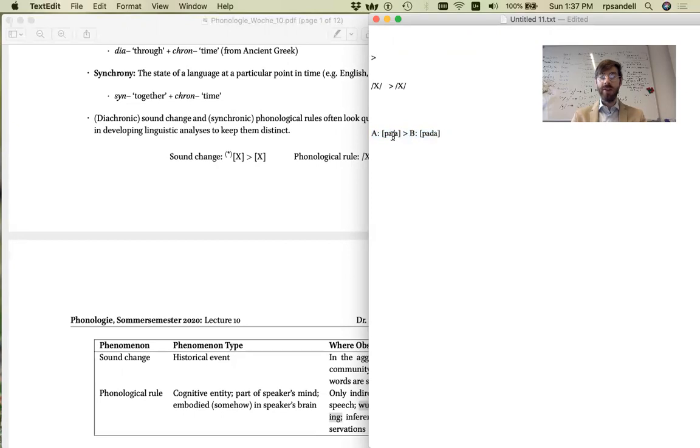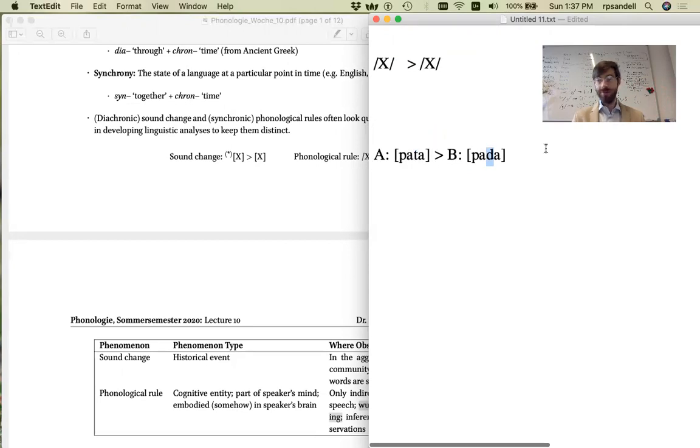Assuming the language is directly attested in these two stages, A and B, we could directly see the change of this voiceless coronal stop to a voiced coronal stop. Without more data, we don't know the precise conditions under which this sound change occurred, but it is at least adequate descriptively to say that diachronically there has been this sound change.